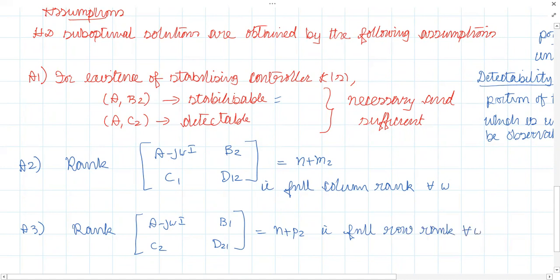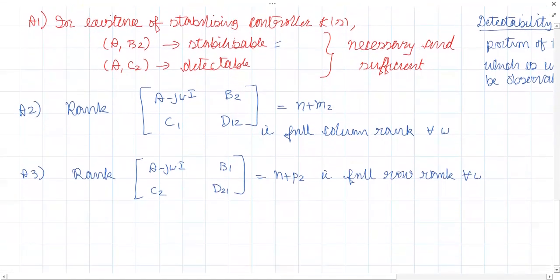Okay. So column rank means you will be looking for all columns basically, right? And row rank means you will be looking for all the rows. They should be linearly independent. Okay. So this is A3. So A2 and A3 will ensure stabilizing solutions.